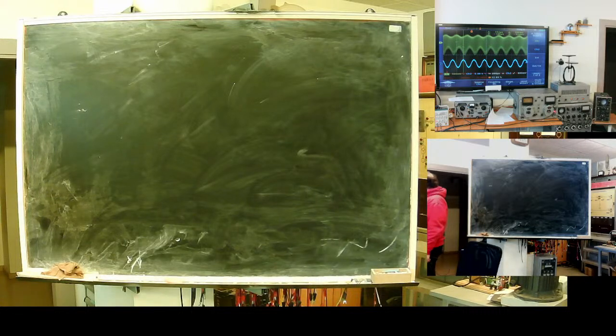Let's take a look what I got here. I have signal at this moment. Okay, this one. It's a 2 kilohertz signal. And this 2 kilohertz signal is used to amplitude modulate 32 kilohertz signal.